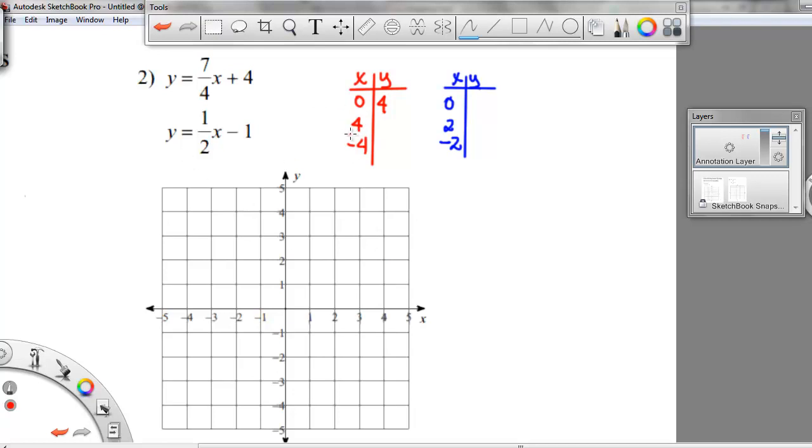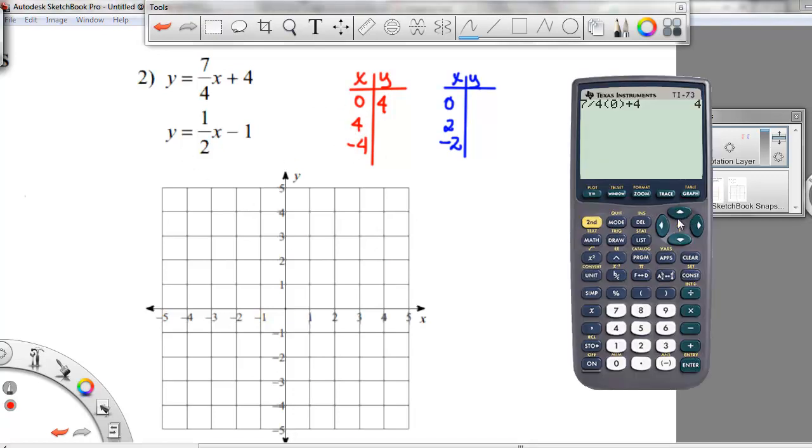Let's change the 0 now. We'll change it to a 4. And let's see what we get. So that turns out to be an 11, so that's a very large number.